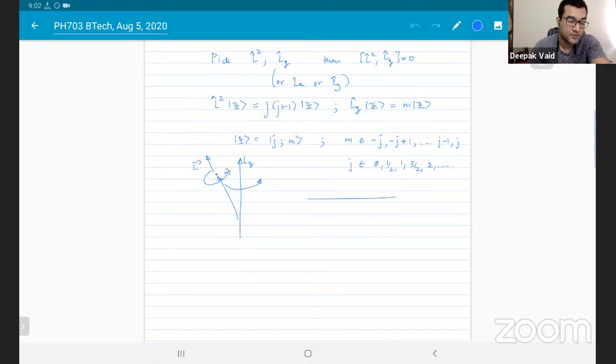How do you measure L square? That's a good question. Let's think about this. I'll think about it and get back to you. That's a good question.